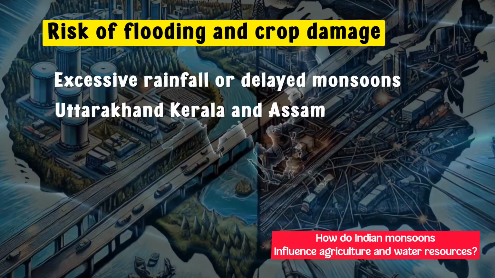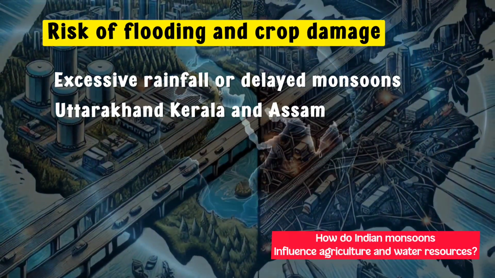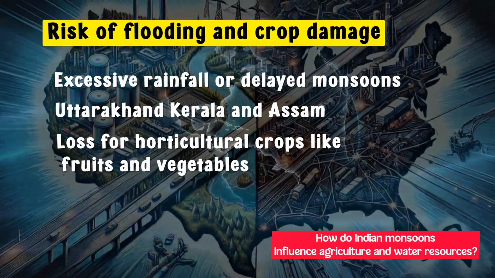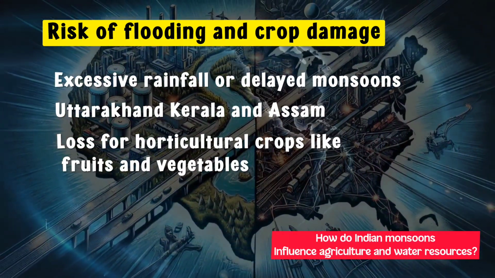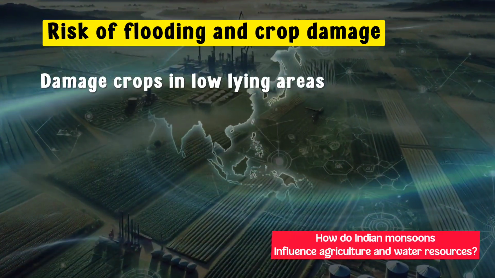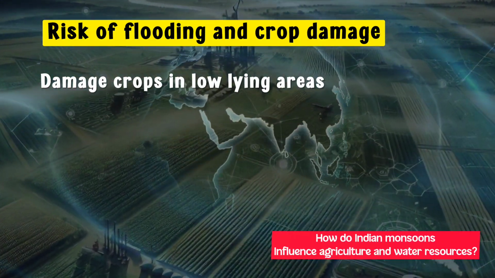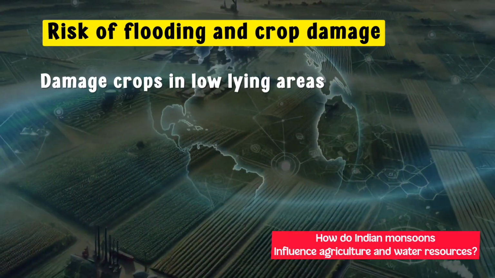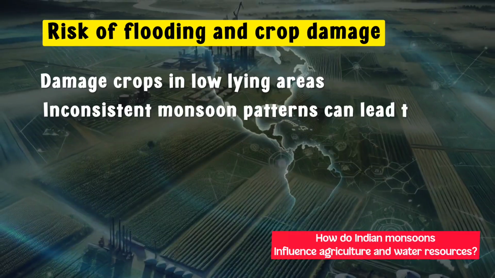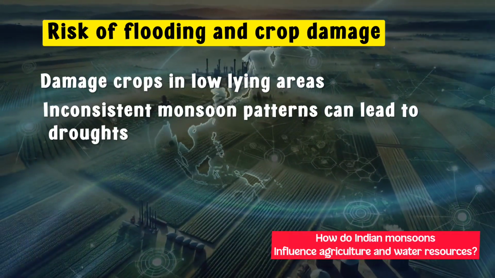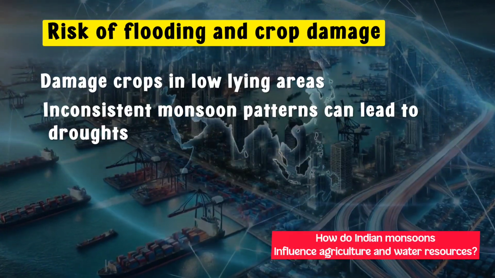Flood-prone regions like Uttarakhand, Kerala, and Assam frequently face heavy rainfalls that result in crop losses, particularly for horticultural crops like fruits and vegetables. Heavy rain can also damage the standing crops in fields, especially in low-lying areas where waterlogging and stagnant water can suffocate plants and reduce productivity. Furthermore, inconsistent monsoon patterns can lead to droughts in regions that are typically dependent on monsoon rains, impacting crop production.